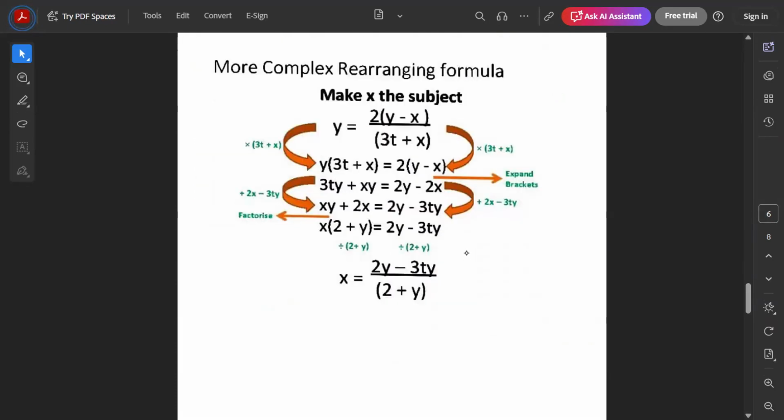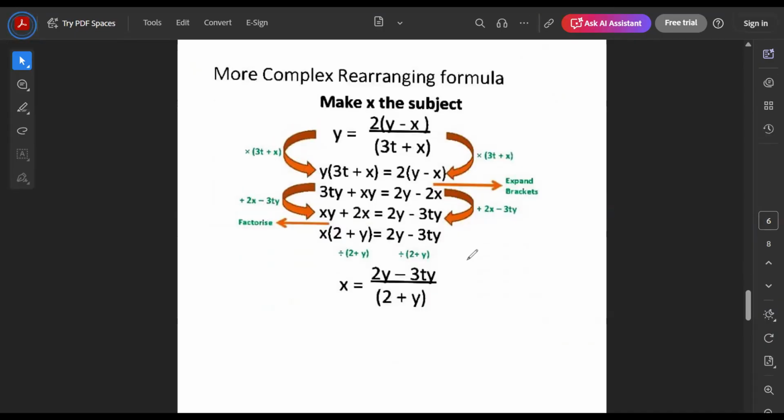Now here comes a little more complex arrangement. It is quite similar to the first past paper question which I explained. Here we have to make x the subject. So the very first thing, 3t plus x multiplied with y. Then afterwards we open the bracket. After opening up the bracket, we do the arrangements.